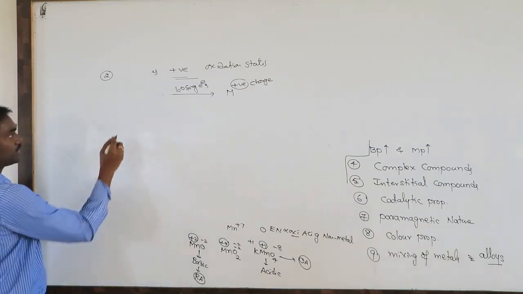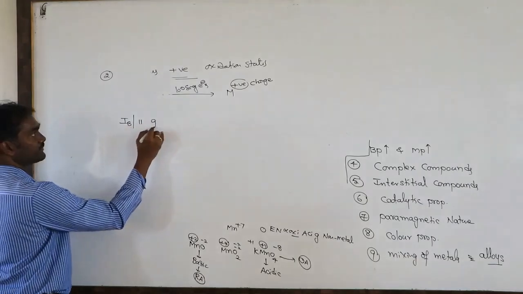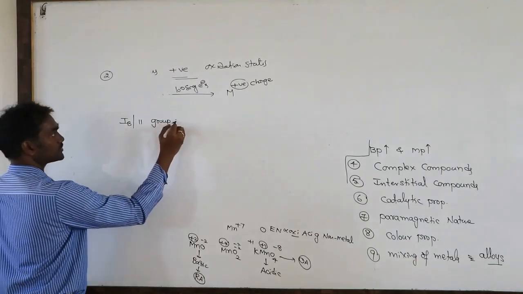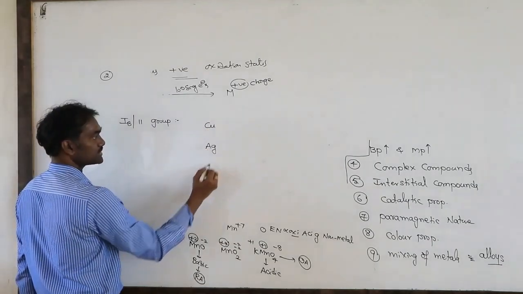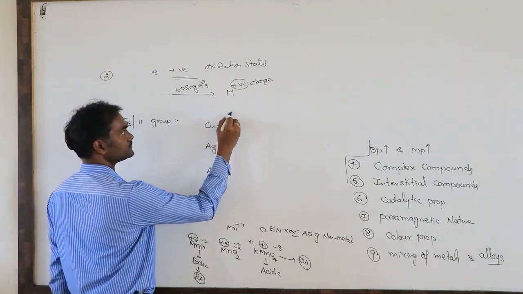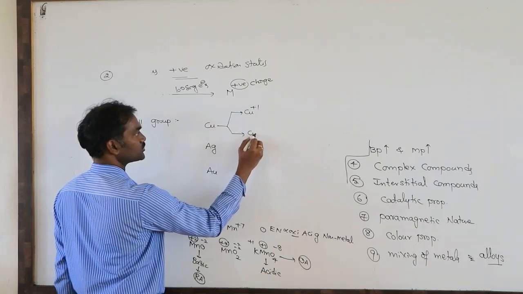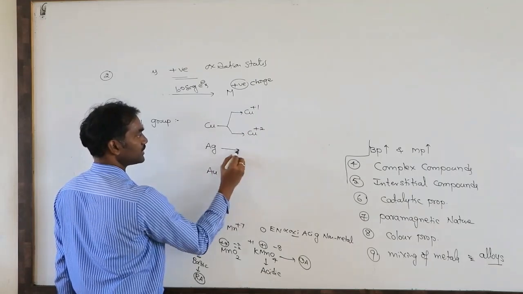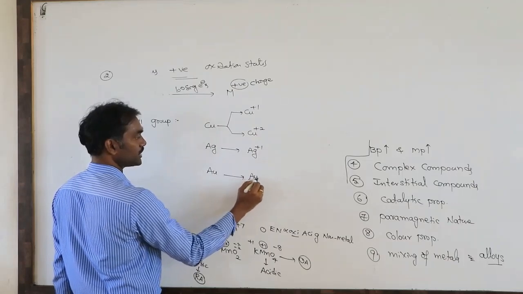That is the first B group, otherwise the 11th group. Copper, silver and gold are there. Copper shows Cu plus 1 and also Cu plus 2. Silver shows Ag plus 1. Gold shows Au plus 3.